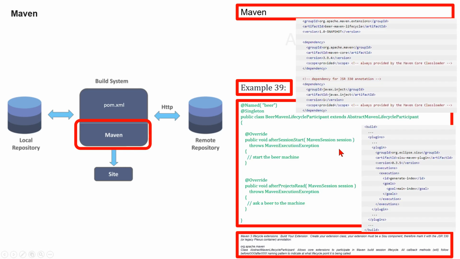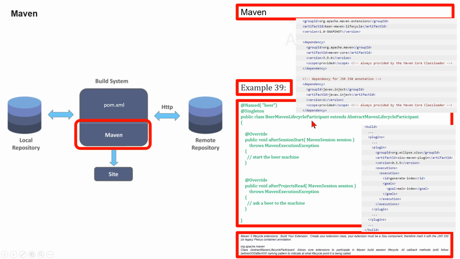Now we are considering building your extension in Maven 3 lifecycle extensions. Here, create your extension class. Your extension must be a Sisu component. Therefore, mark it with JSR 330 or the legacy Plexus container annotation.